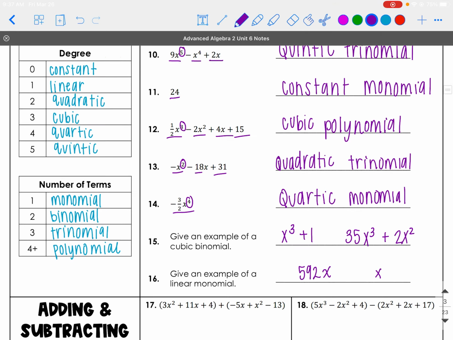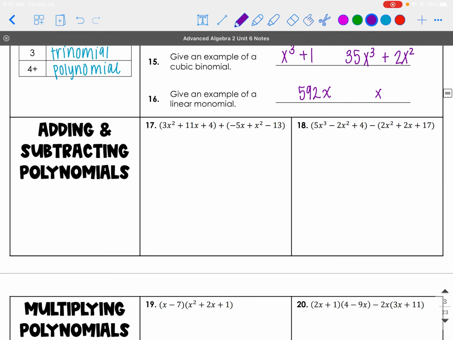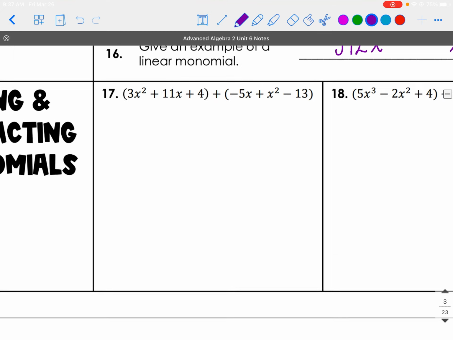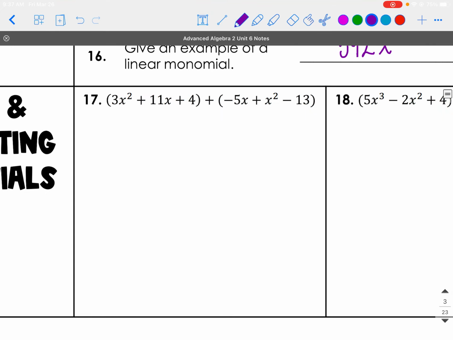All right. We're going to be practicing adding and subtracting polynomials. So what I like to do is I like to rewrite mine and I like to stack them. So we write the first one, 3x squared plus 11x plus 4.